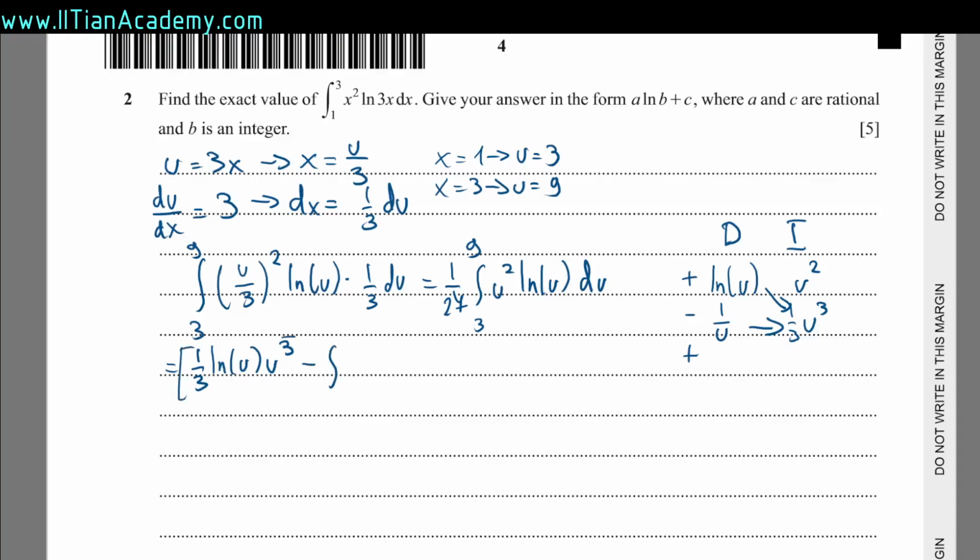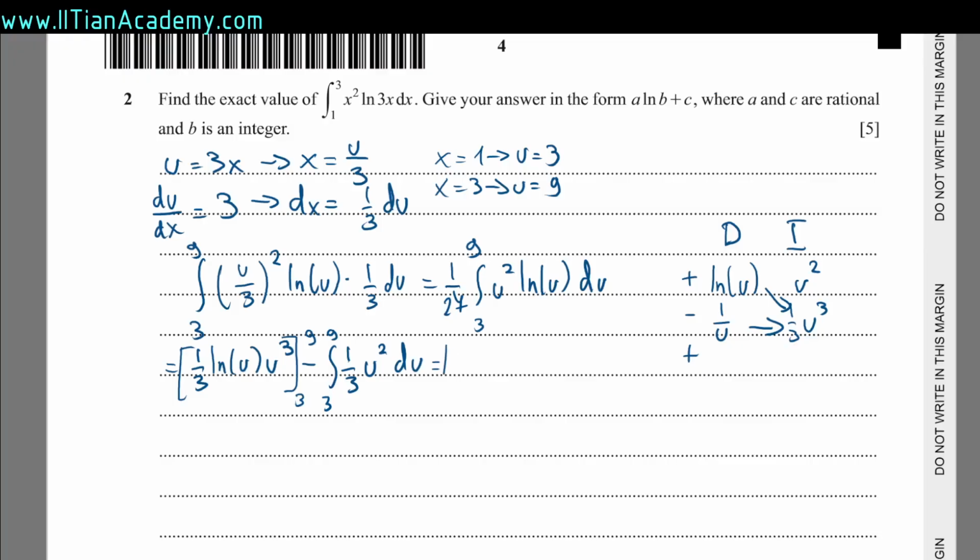So this goes from 3 to 9. We can already evaluate this. And then minus the integral of 1 over 3 u squared du, and this goes from 3 to 9 as well. And so this is just going to be adding 1 to the power and dividing by 3.